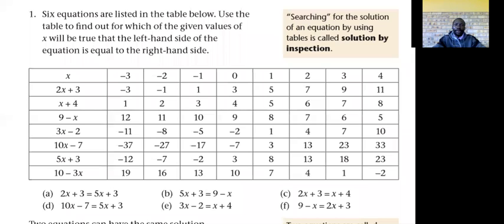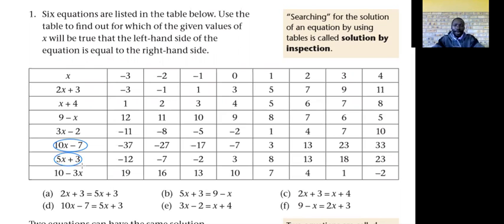So for activity 1 part D, what are we dealing with? Well, activity 1 part D, this is what we are dealing with. 10x minus 7, where is it? It's right here. Then what else do we have? 5x plus 3, where is it? It's right here. Oh, this is also going to be easy for us to see.